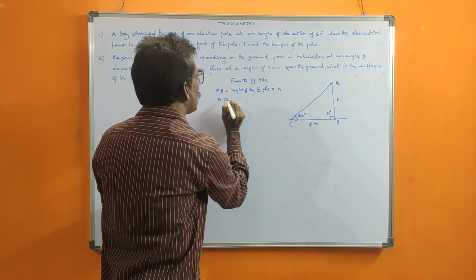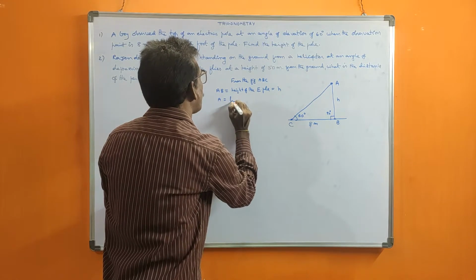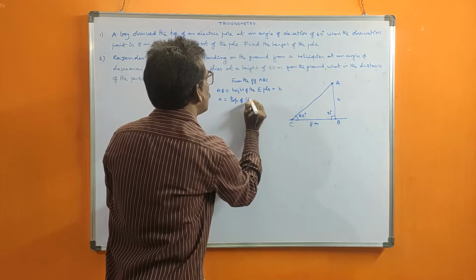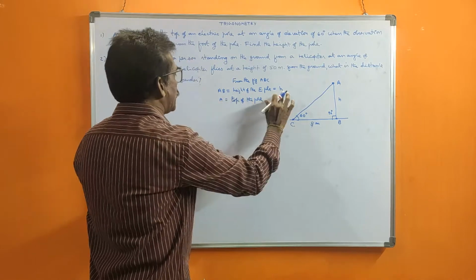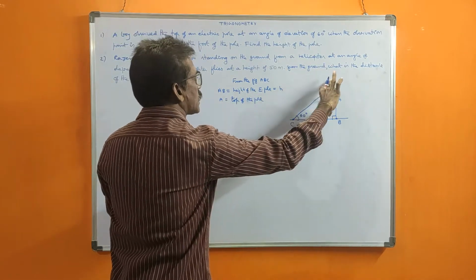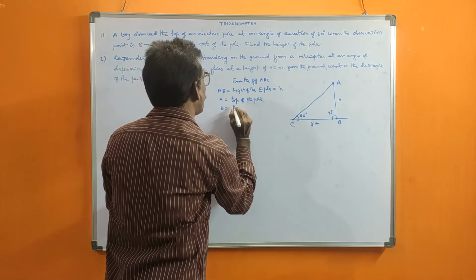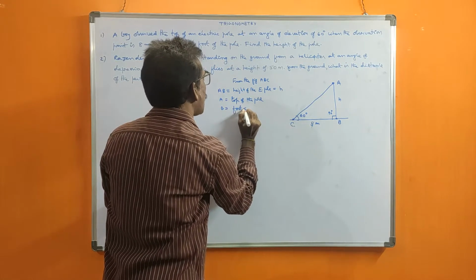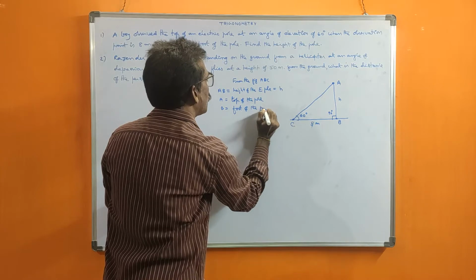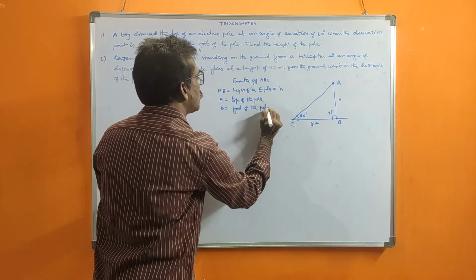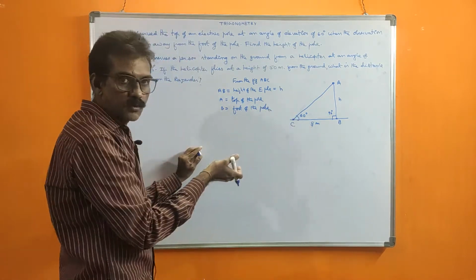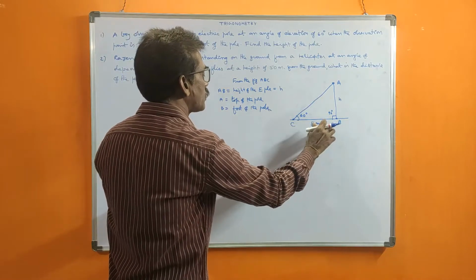Now A is equal to what? Top of the pole. We let AB be the height of the pole totally, but this point A is the top of the pole and B is the foot of the pole. Like that we should write. First, all the data you should write for these problems. B is the foot of the pole, you write.